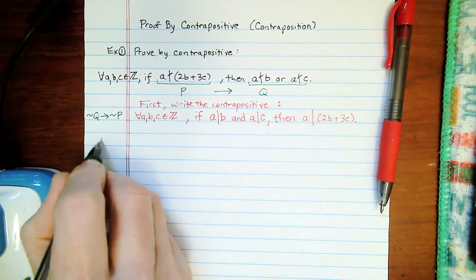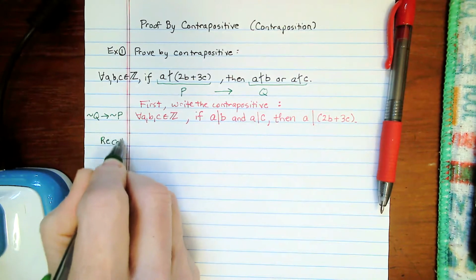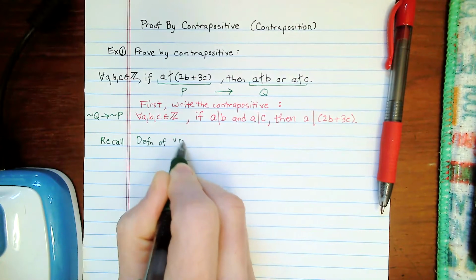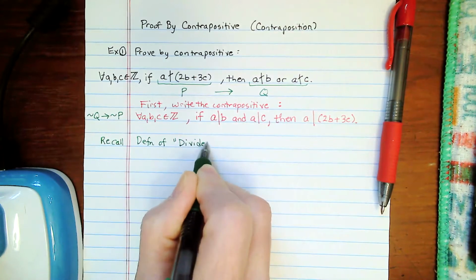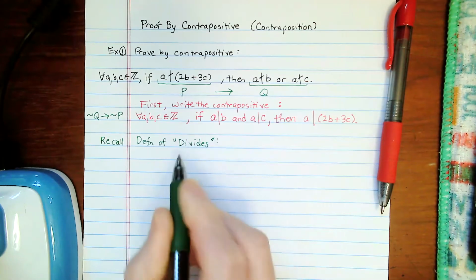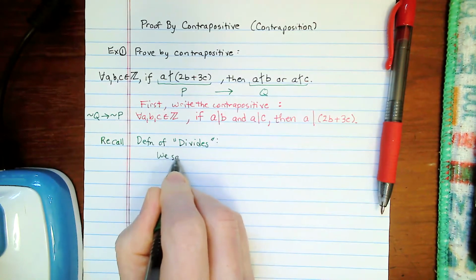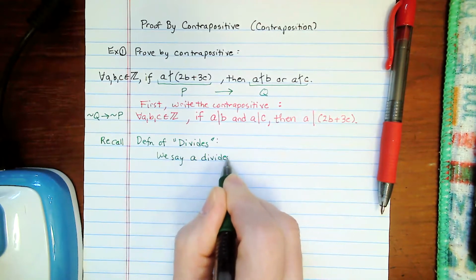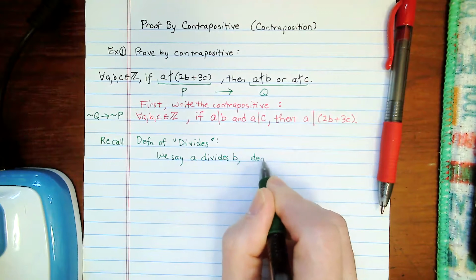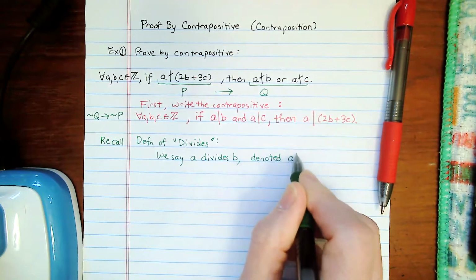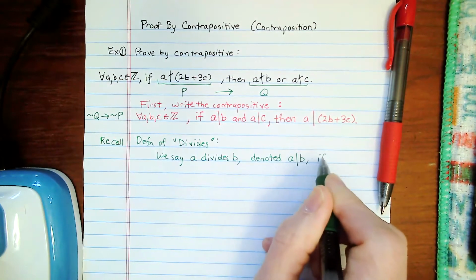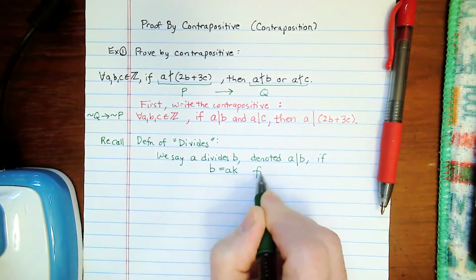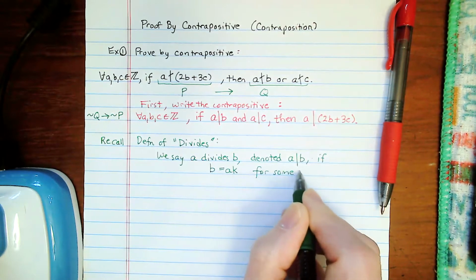Let's recall the definition of divides. Okay, so we say a divides b, denoted by a vertical line b, if b is equal to ak for some integer k.